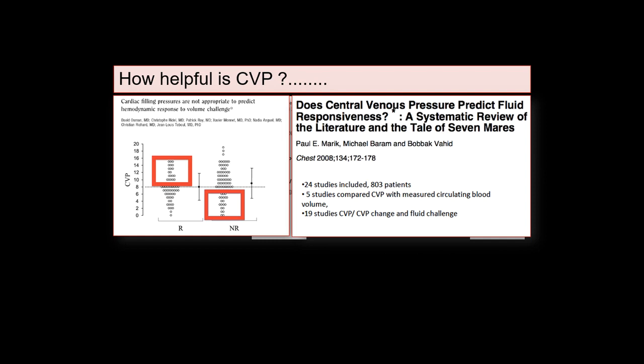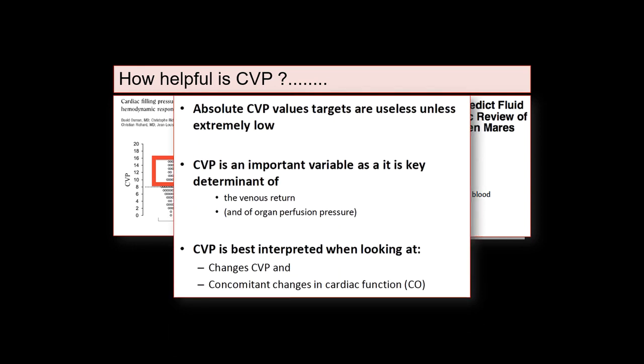Another article, published in 2008 in Chest by Paul Marik, asks: does central venous pressure predict fluid responsiveness? In this systematic review of the literature, they included 27 studies and around 800 patients, and they said that absolute CVP value targets are useless unless they are extremely low.